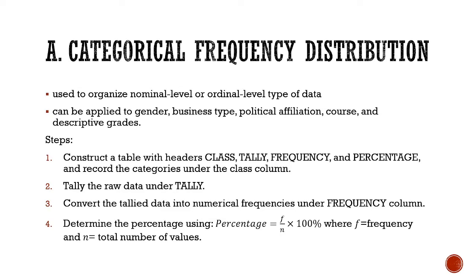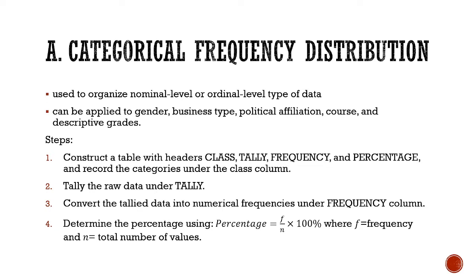By categorical frequency distribution, this will be used to organize nominal level and ordinal level type data. It can be applied to gender, business type, political affiliation, course, and descriptive grades. So it follows these steps. We have four steps for categorical frequency distribution, wherein we just need to construct a table with headers of class, tally, frequency, and percentage, and record the categories under the class column.